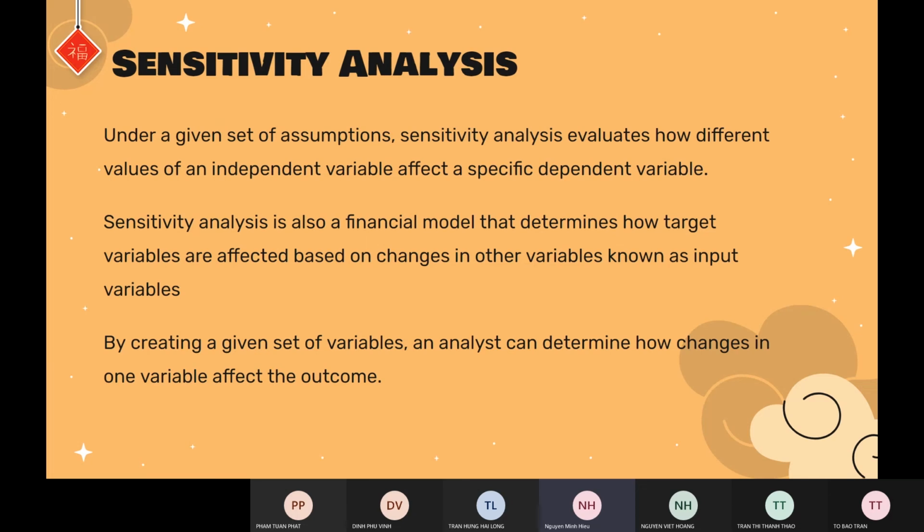About sensitivity analysis: under a given set of assumptions, sensitivity analysis evaluates how different values of an independent variable affect a specific dependent variable. In other words, sensitivity analysis looks at how different sources of uncertainty in a mathematical model affect the total uncertainty of the model.